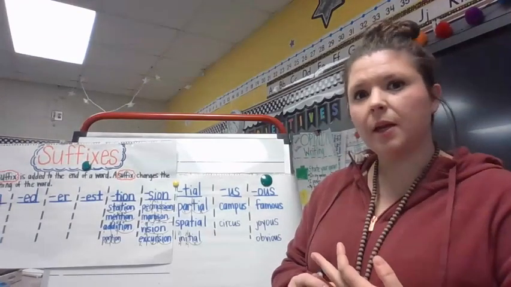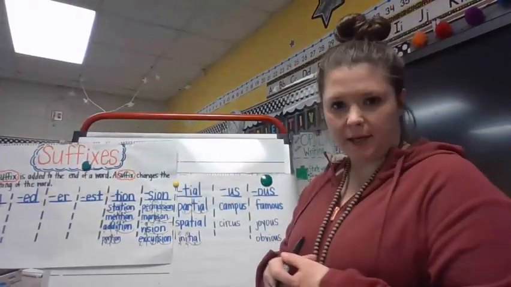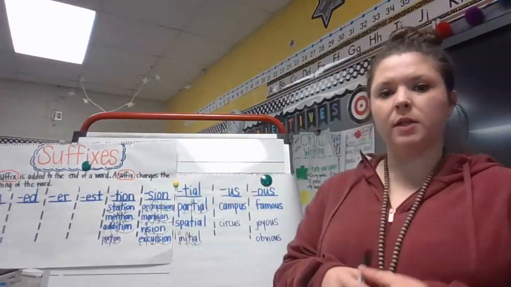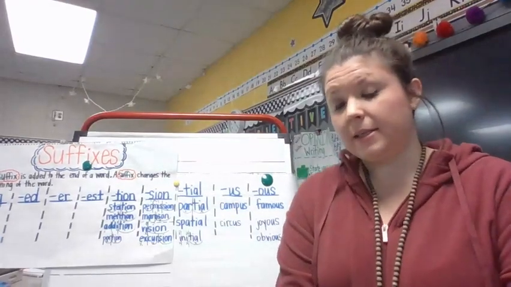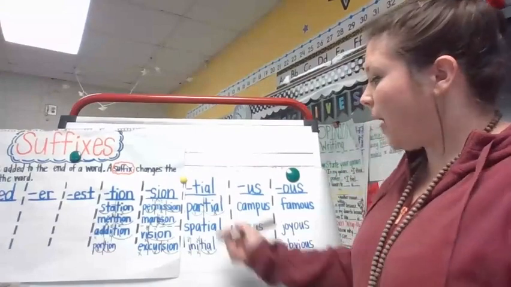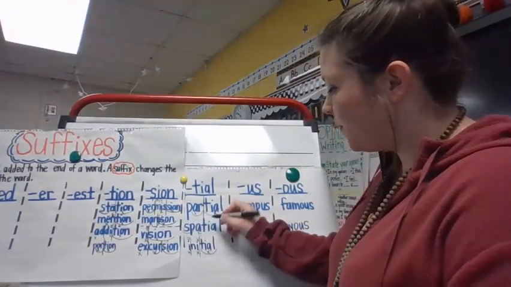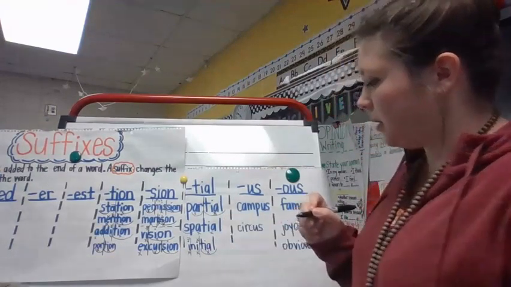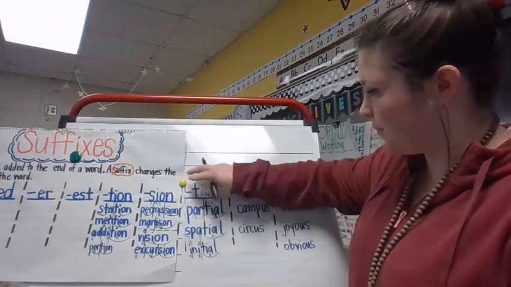All right, now let's look at another word that has the shul suffix at the end. Remember, when we're coding words, we're looking for three things: vowels, blends, and digraphs. So let's go ahead and look at this word. At the beginning here, we have a blend. Then we have our vowel. Then we have our suffix. We're going to mark those two vowels in the middle with an X and then arc them together.